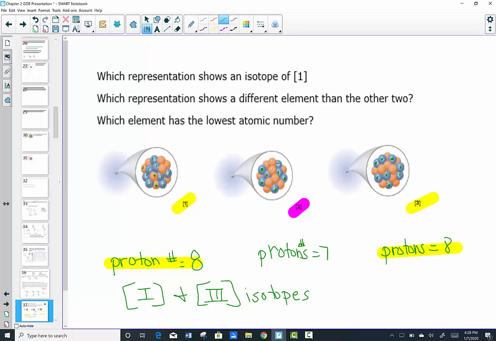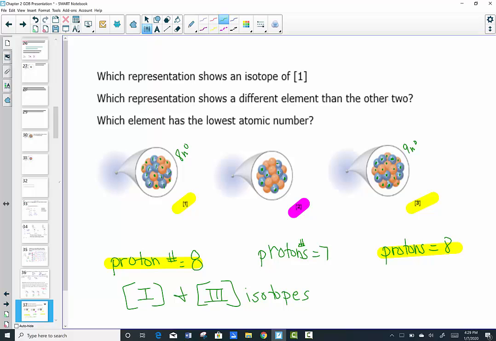1, 2, 3, 4, 5, 6, 7, 8. Here we have 1, 2, 3, 4, 5, 6, 7, 8, 9 neutrons. So I know that they are the same atom because protons are the same. They're not exactly the same weight because I have one more neutron in that last structure.